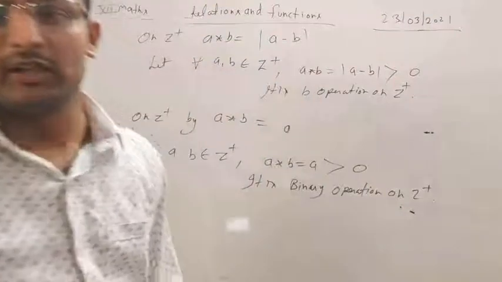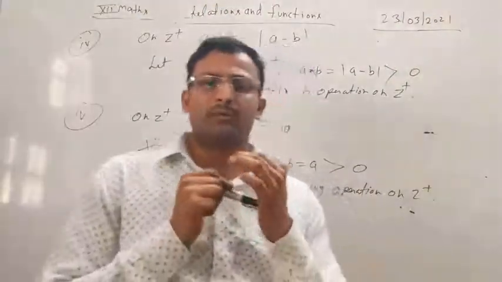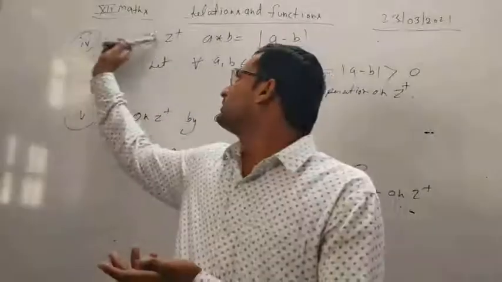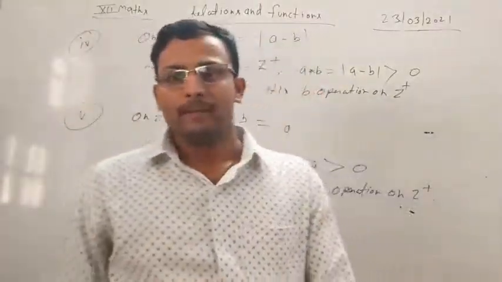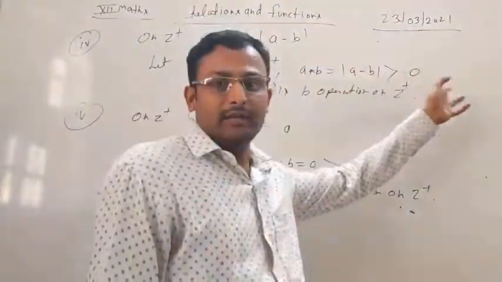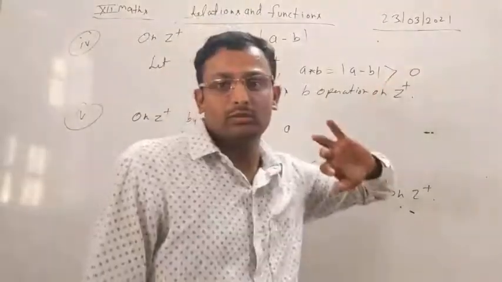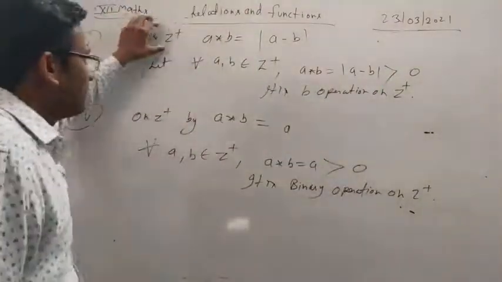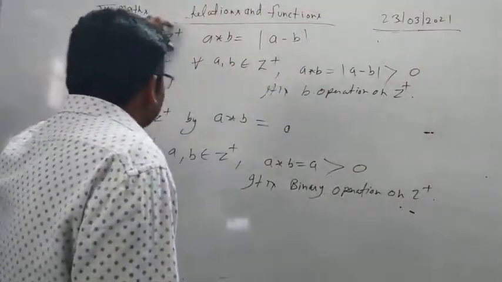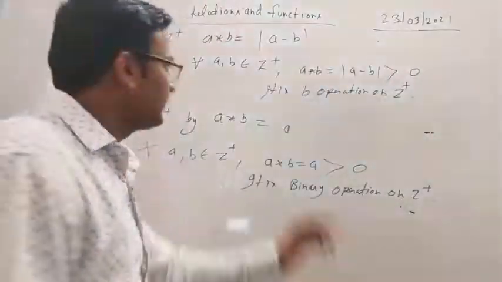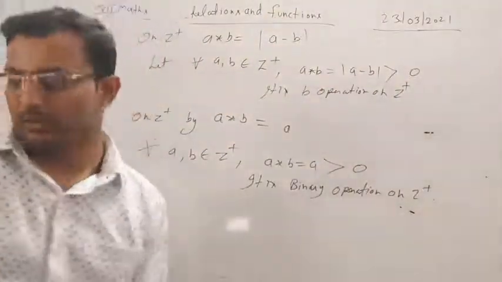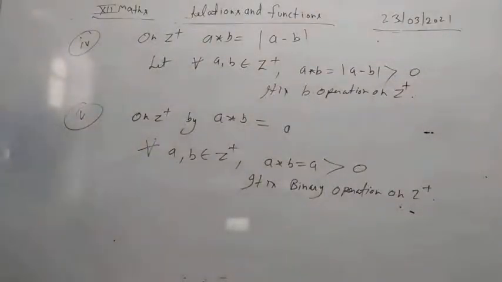So I hope you understand, students. In such types of question, we just have to check that if we take any two elements of that particular set Z plus, then when we apply A star B, it also gives a positive value. It means if A, B belong to Z plus, then A star B also belongs to Z plus, then it will be a binary operation. Okay. Now we see the second question.